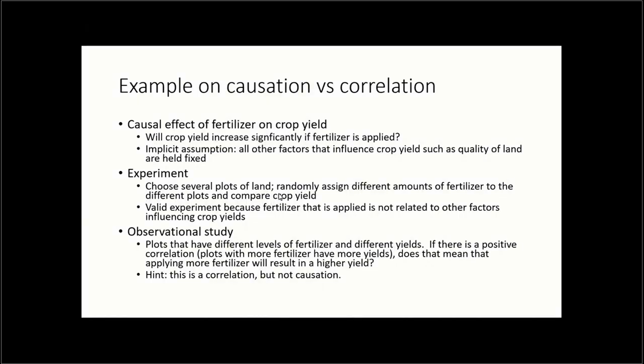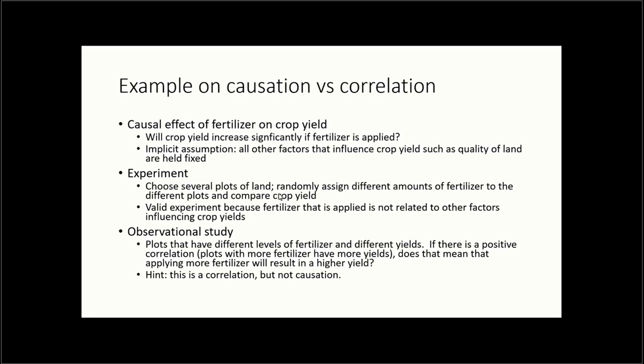So in this example, we can choose to have an experiment where we select several plots of land and we randomly assign different amounts of fertilizer to the different plots. For example, this plot would get less fertilizer, this plot would get more fertilizer. Then we can record the crop yield for these 2 plots, compare the crop yields, and say, does putting more fertilizer on the land actually increase crop yield?